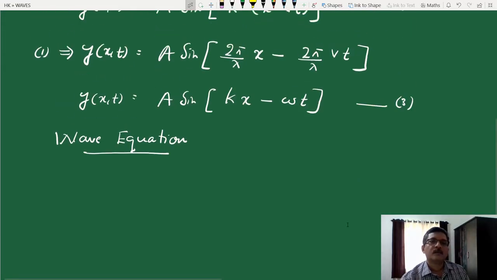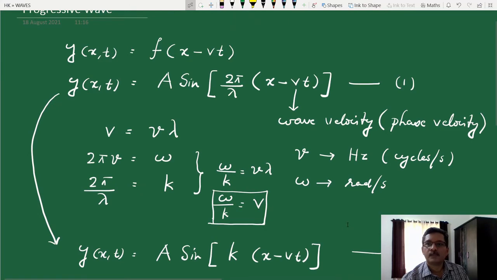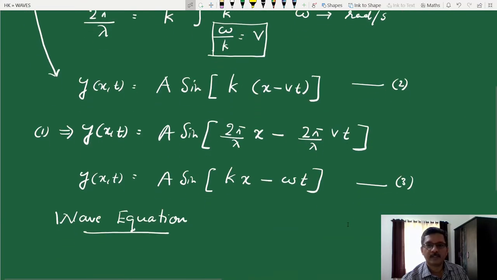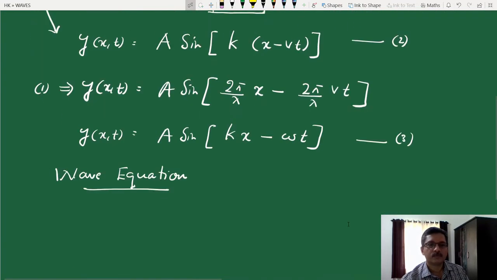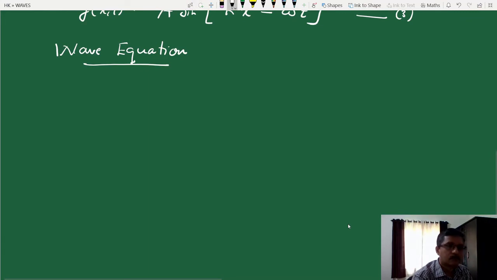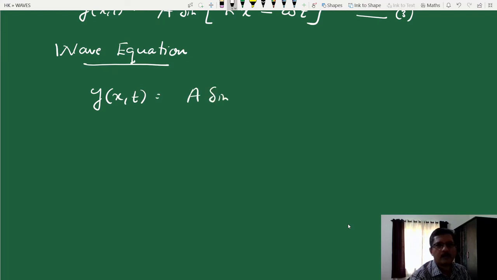So let us start with the expression for traveling wave. We can use any one. Consider a wave moving along the plus x direction. So let me use equation 1. So we have the wave function, a sine, we can as well use cosine function, 2 pi by lambda x minus vt, right?